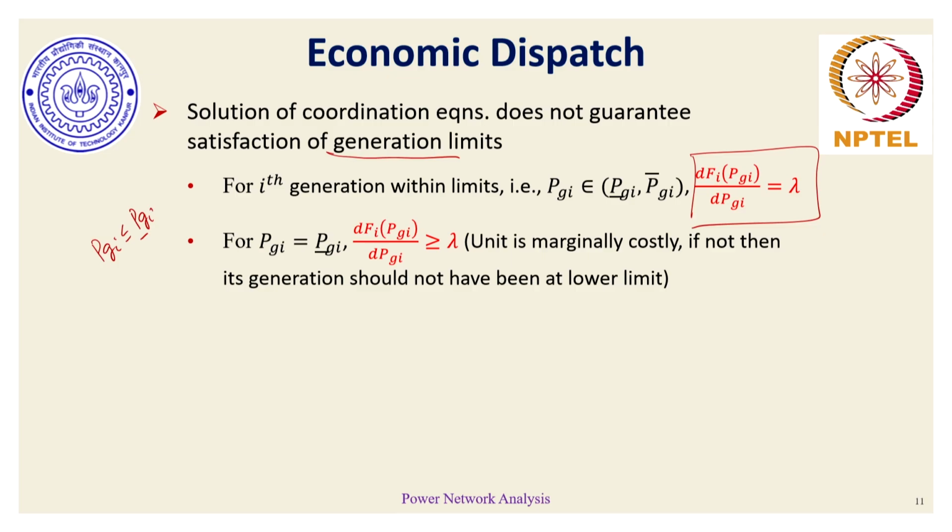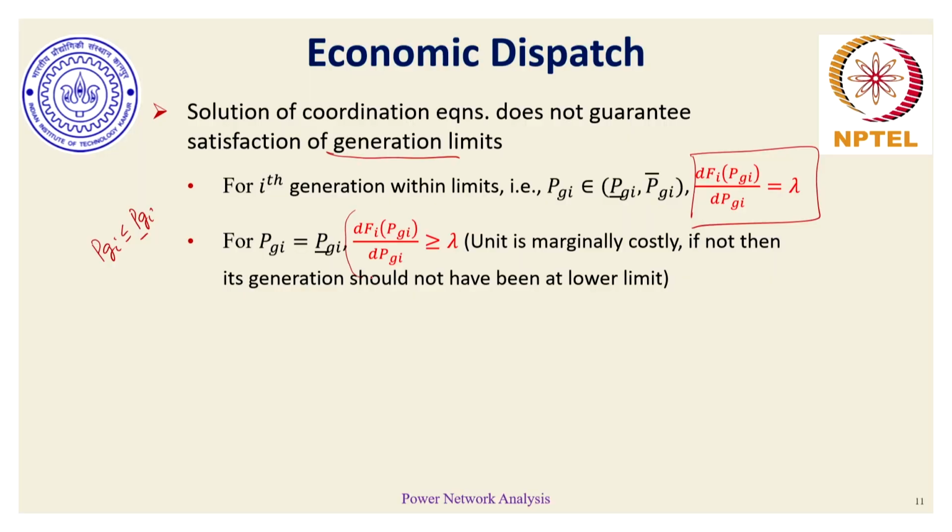It is most likely a costlier generator. If it were a cheaper generator, for a given load it would have tried to generate as much as possible so as to ensure the least cost of generation for the entire network. It is typically a costlier generator, so its incremental cost of generation, indicated by this first derivative, is more than the current value of incremental supply of load. If it were a cheaper generator, it would not have generated below its lower limit.